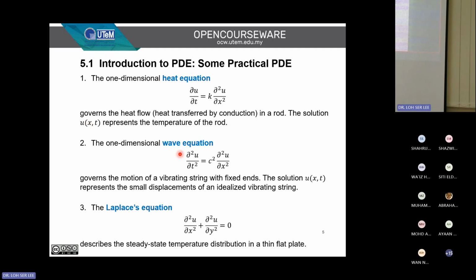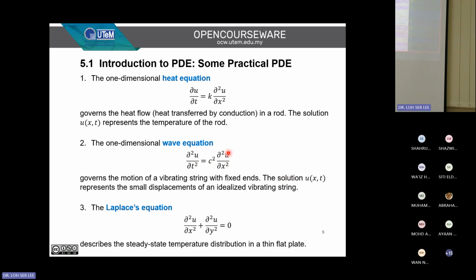The other one is the wave equation. It governs the motion of a vibrating string with fixed ends. That means we fix a string at two endpoints and we stir the string, then the string will vibrate. The motion is governed by this wave equation.